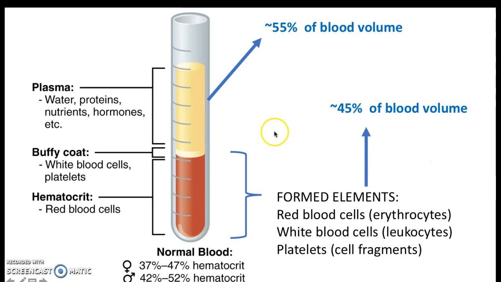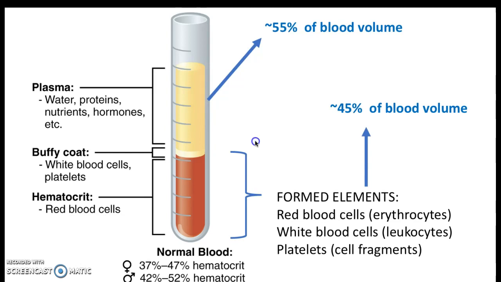Now, the reason the red blood cells are the heaviest, you may remember, is that red blood cells contain hemoglobin, and hemoglobin contains iron. The hemoglobin and the iron are the elements within the red blood cells responsible for binding to oxygen so that the blood can carry it to tissues where it's needed.